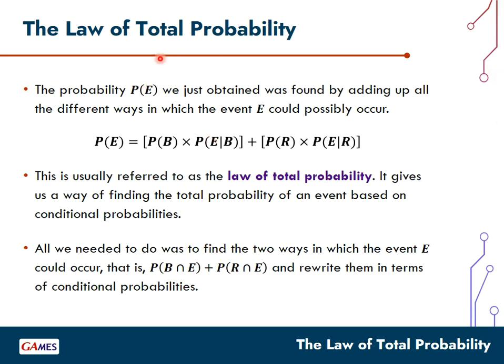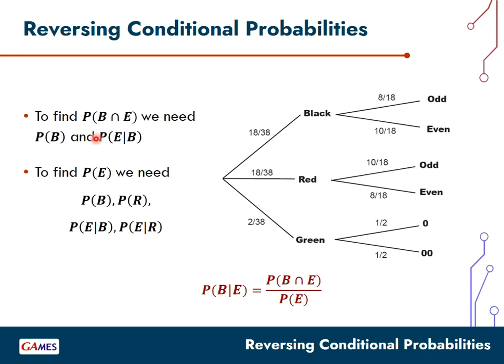So before we go into Bayes theorem, let us work with what we have already. Given all this information that we have, let us now try to work out the probability of B given E. Okay, so let's do that.